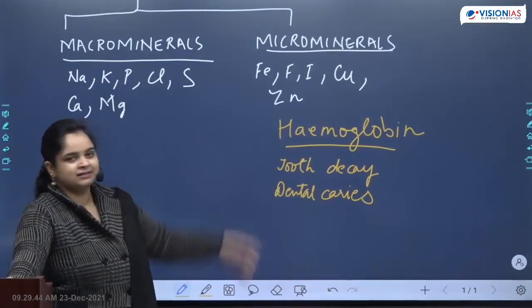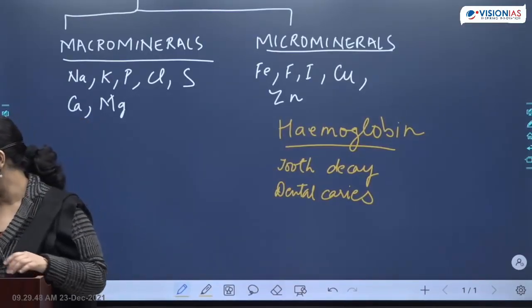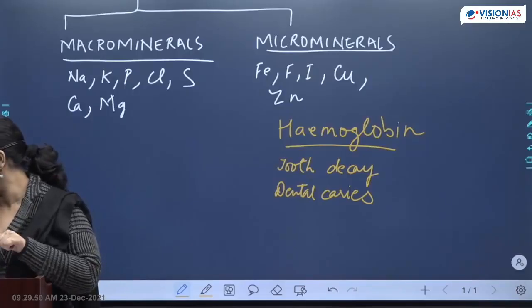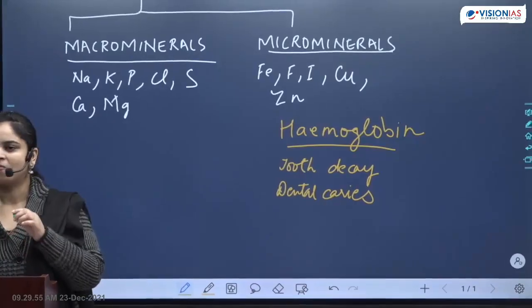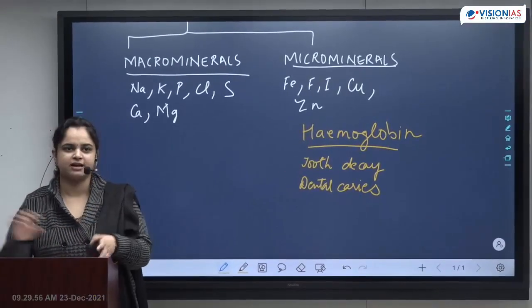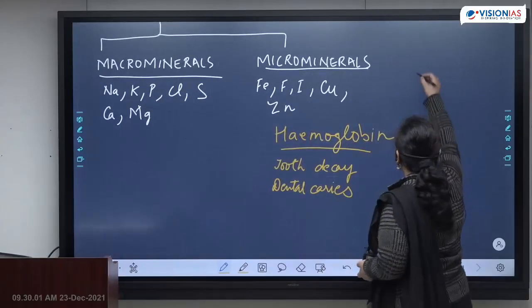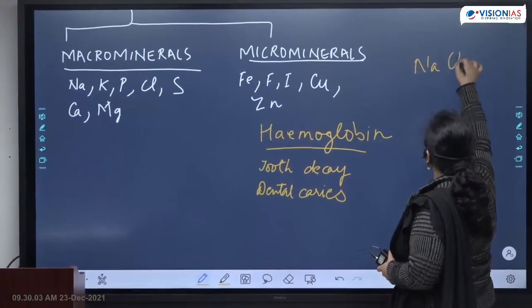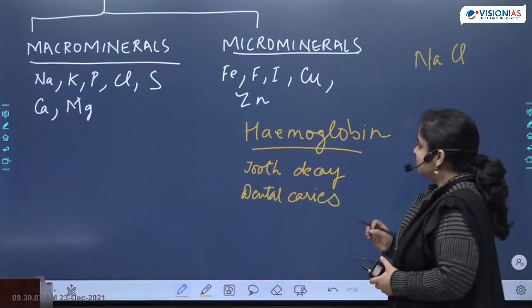Okay. Next one, iodine. Sources of iodine? Salt, yes. Now how is this salt coming in here? We said our common salt is sodium chloride. Okay, this is our common salt.